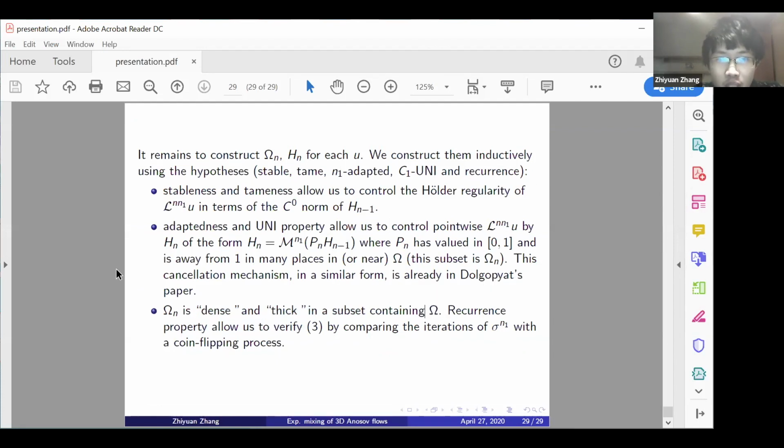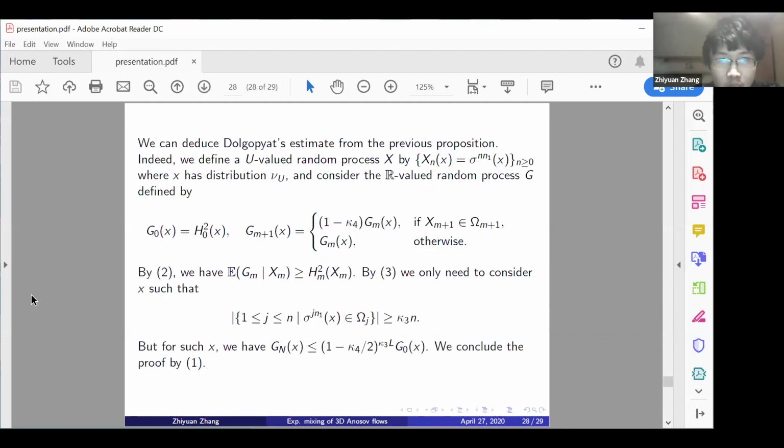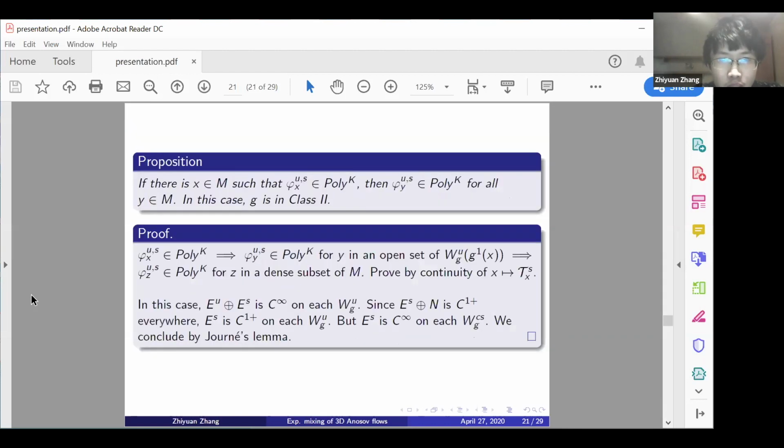So you can compare the return map to omega. Basically, you can do some coupling to show the recurrence property of this sequence from the recurrence property of omega. The main thing is how to construct these scales.